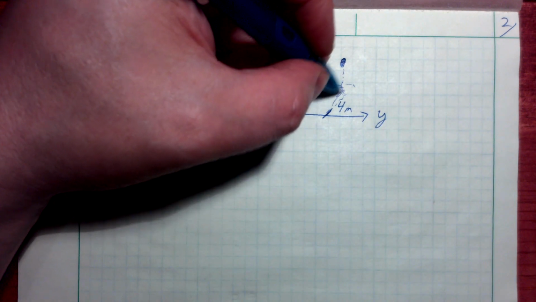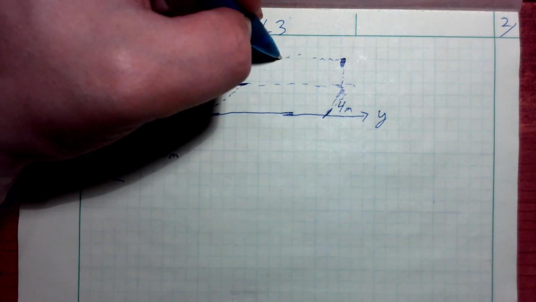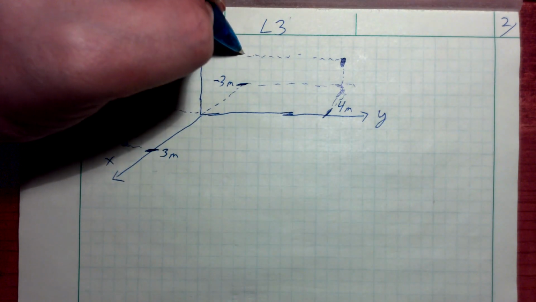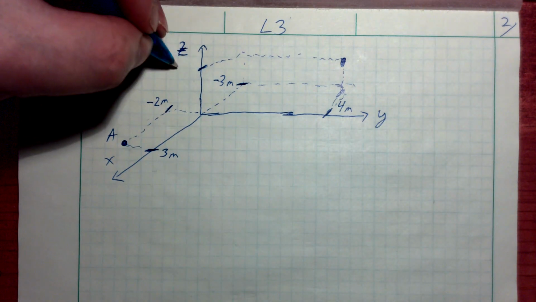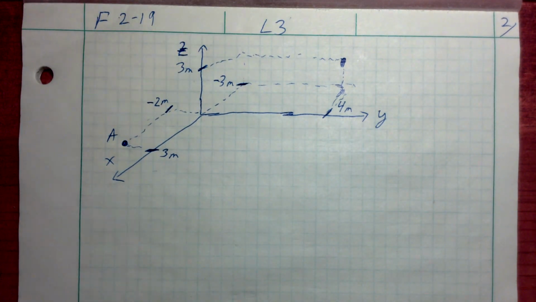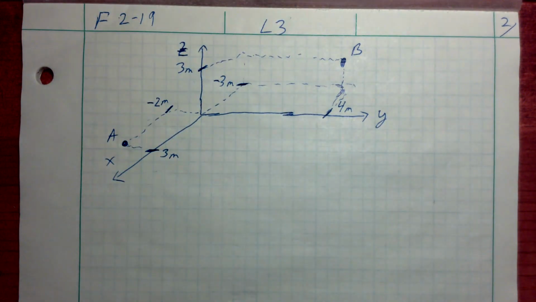I've not drawn this super well. And then, if you follow it along to where it measures on the Z-axis, it measures a positive 3 meters up on the Z-axis. That's point B. Again, that's the way I prefer to draw it.